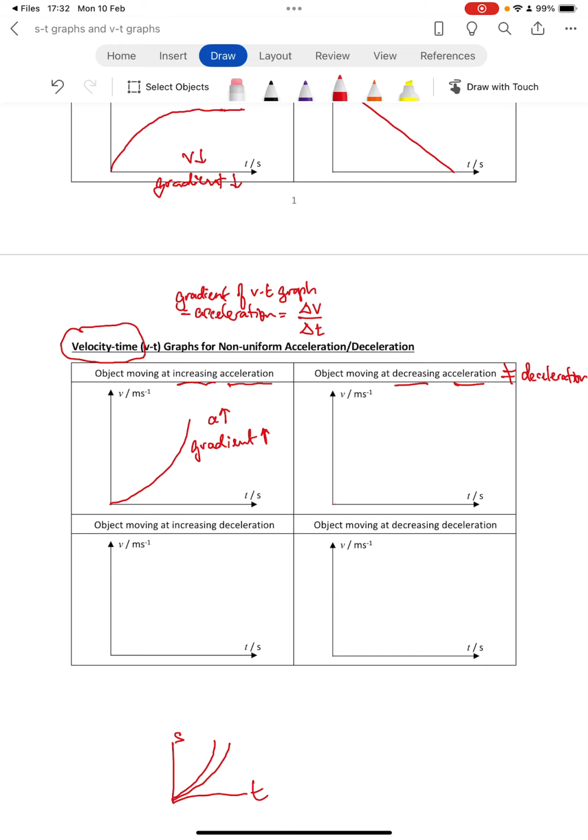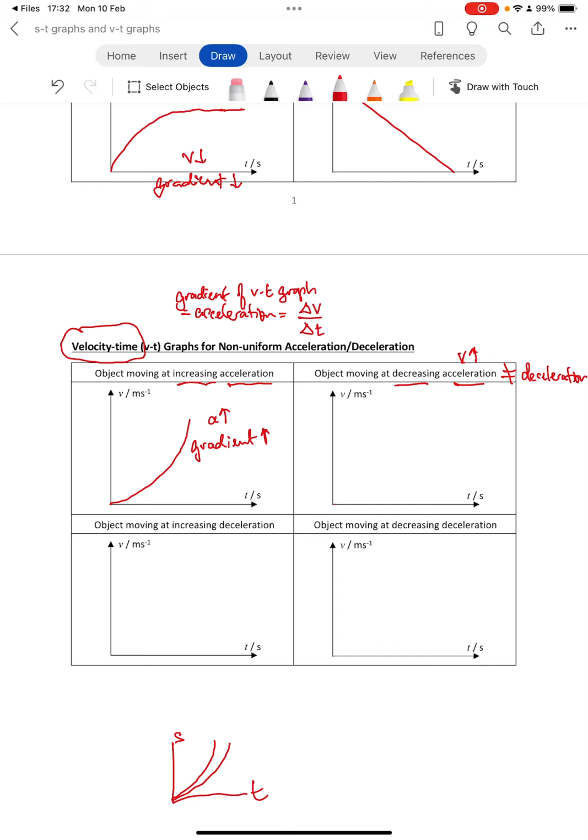All right, I say again, there is still increase in velocity, but the rate of increase is slowing down or decreasing, right? Which means that the gradient of this velocity time graph is decreasing.